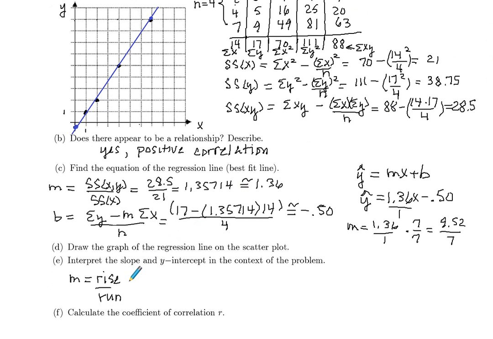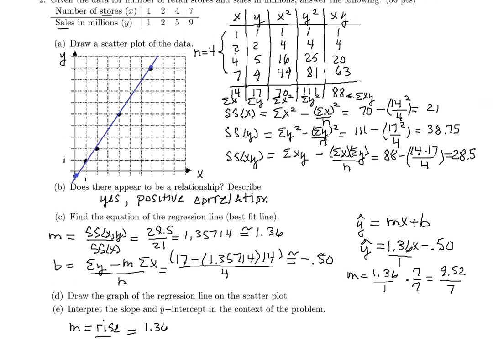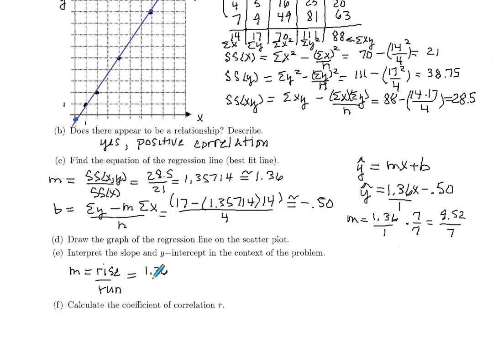So your rise here is 1.36, and that's sales in millions. So this 1.36 over 1 is $1.36 million per one store. That slope means that every time you add a store, sales increase 1.36 million.